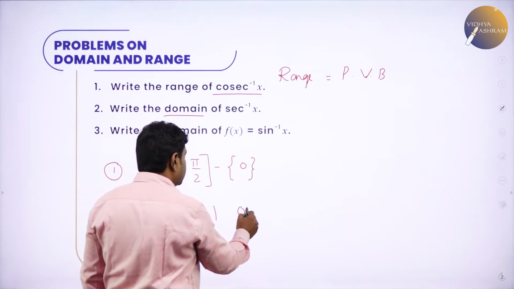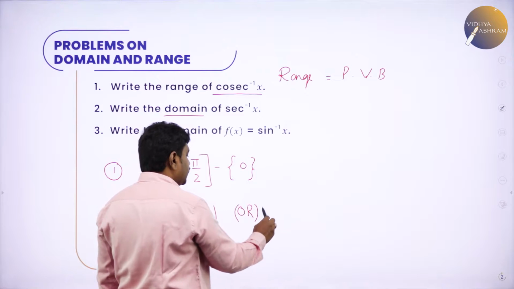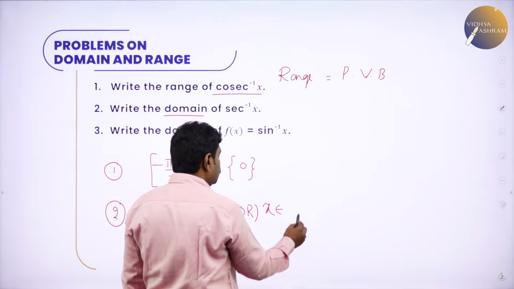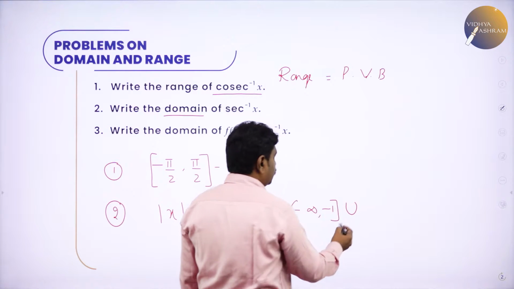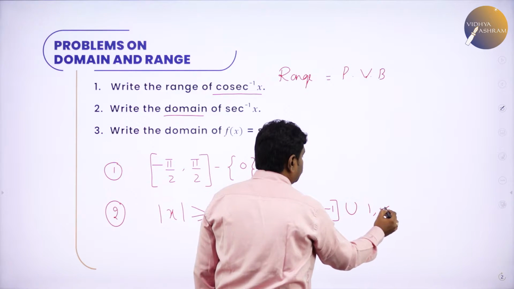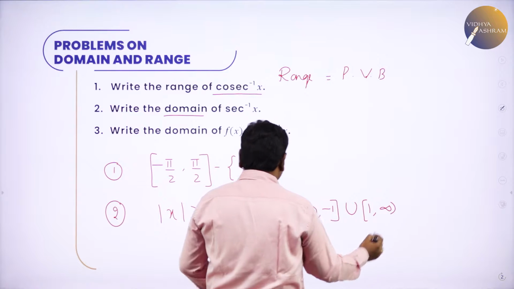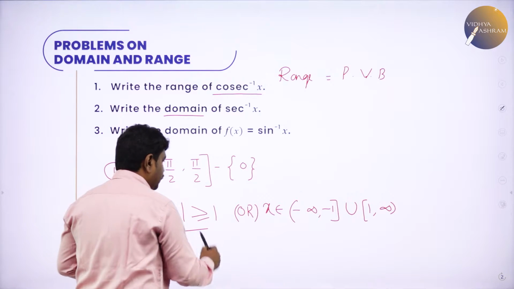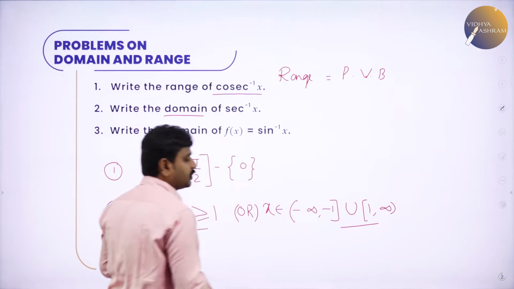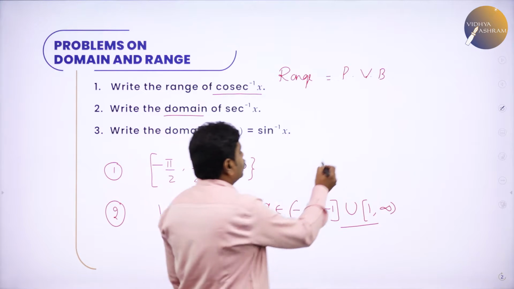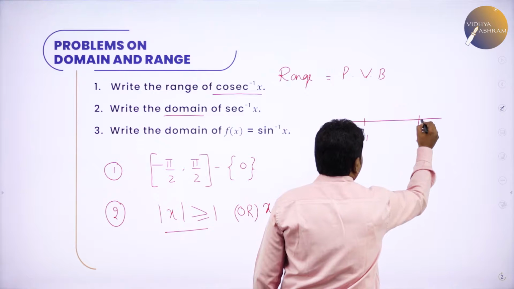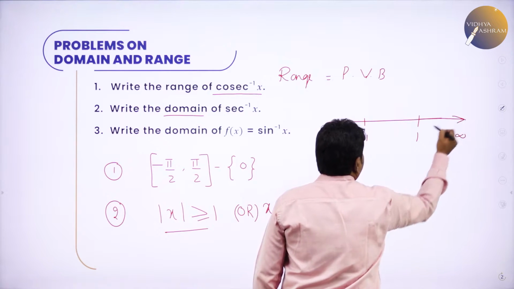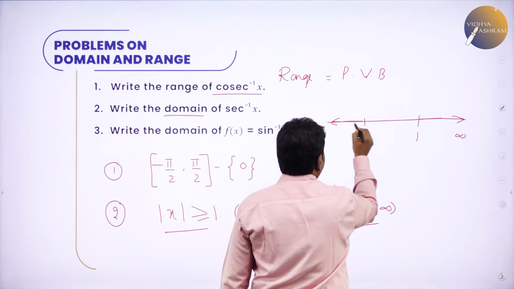Or you can also write this as x belongs to minus infinity to minus 1 union 1 to positive infinity. On the number line, it lies between here to infinity and here to infinity, leaving this part.